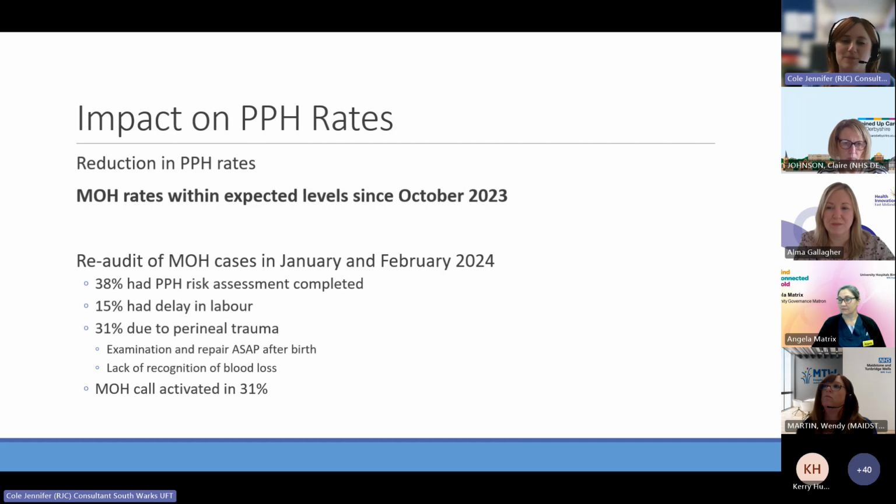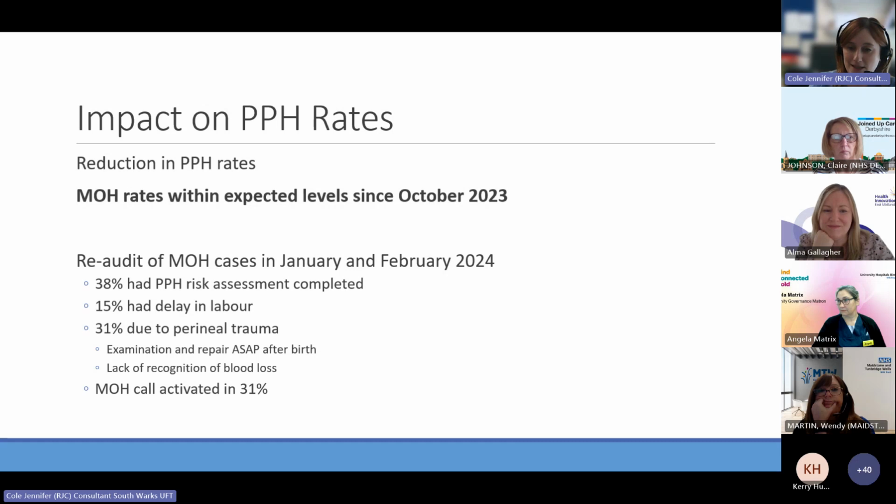Our rates of PPH due to perineal trauma stayed around the same at about 1/3, but it's helped us identify perhaps some new learning to come out of those cases around prompt examination as soon as possible after birth, so we can diagnose if there's bleeding from trauma and start repair as quickly as possible. But we still need to do some work about that lack of recognition of ongoing blood loss when repairing trauma, as that's still something that we could get a bit better on.